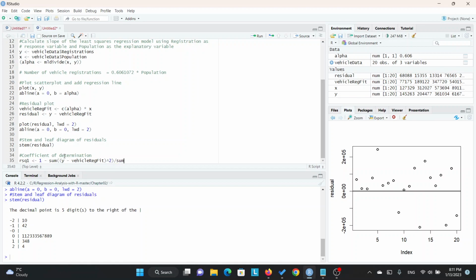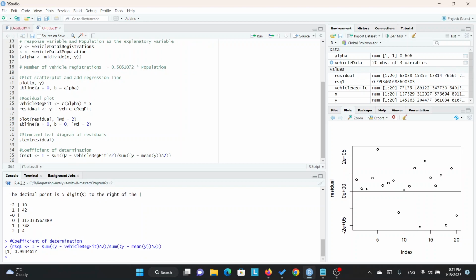That's divided by the sum of y minus the mean of y. Again, that's also going to be squared. And we want to see the values, so we're going to put parentheses around it.